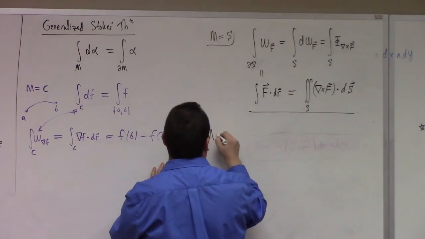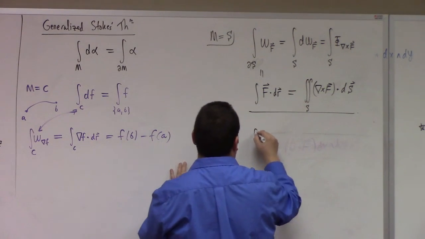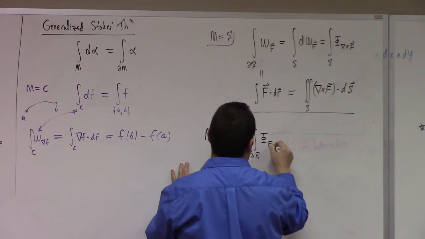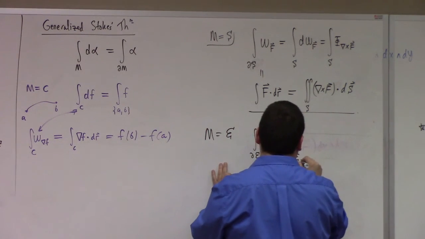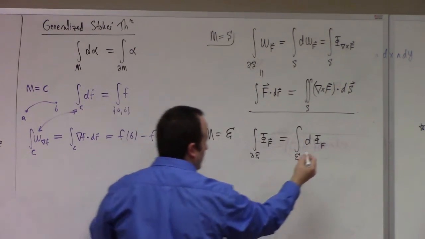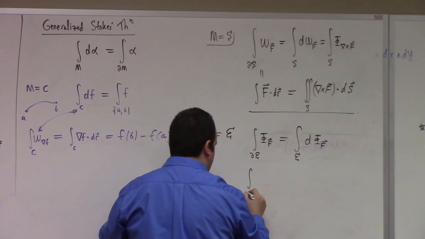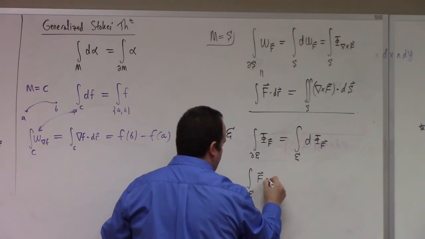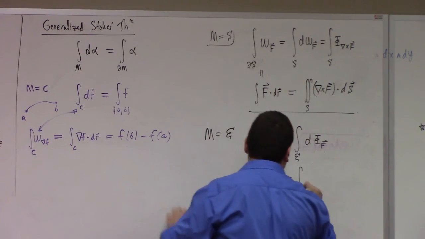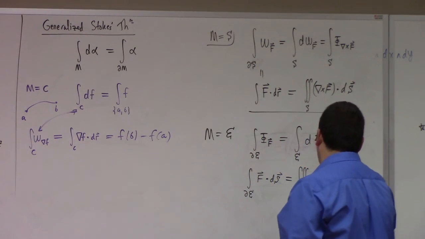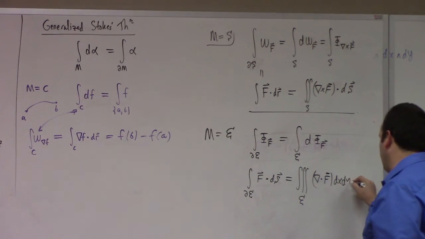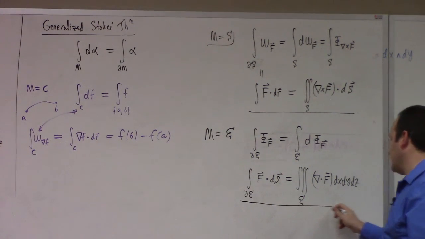Finally, if we take M equal to a volume, if we take the integral over the boundary of the volume of, say, the flux form of f, that would be equal to the integral over the volume of the differential of the flux form of f. But we know that this gives us the surface integral over the boundary of E of f dot ds is equal to the integral over the volume of the divergence of f dx dy dz, which of course you can recognize as the divergence theorem.